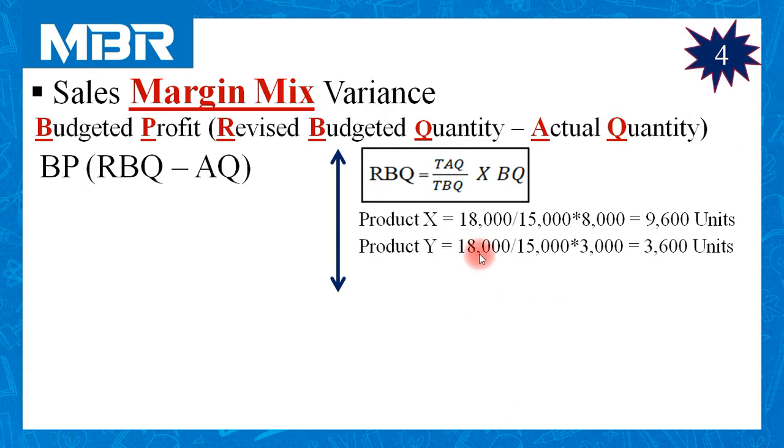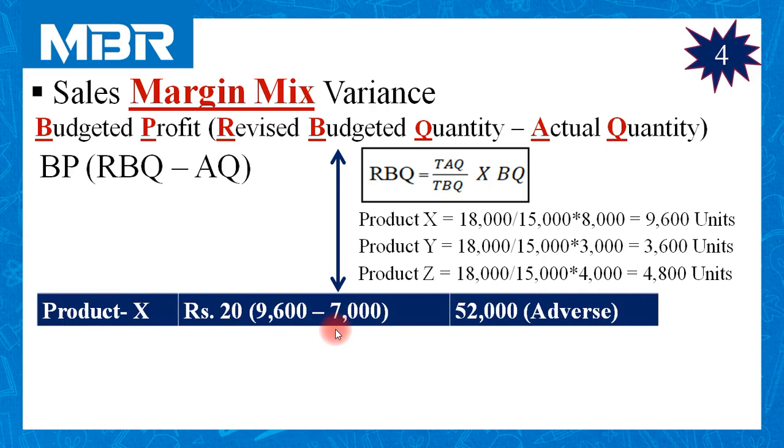Product Y: 18,000 units divided by 15,000 units multiplied by 3,000 units. So 3,600 units. Product Z: 18,000 units divided by 15,000 units multiplied by 4,000 units. So 4,800 units as revised budgeted quantity for product Z.